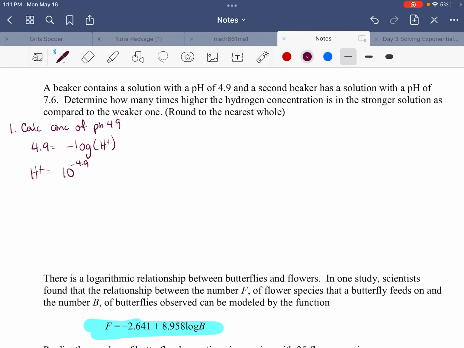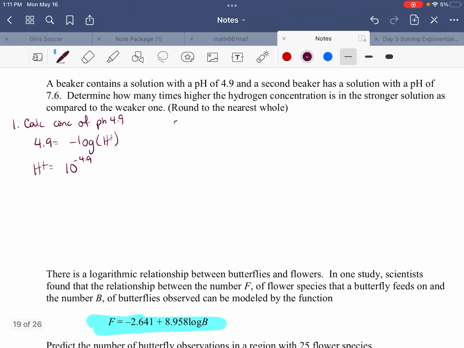If you're wondering how to do that, look at the previous one. Okay, now step 2 is calculate the concentration of the one that has the pH of 7.6. So 7.6 is equal to negative log H positive. So H positive is equal to 10 to the negative 7.6.